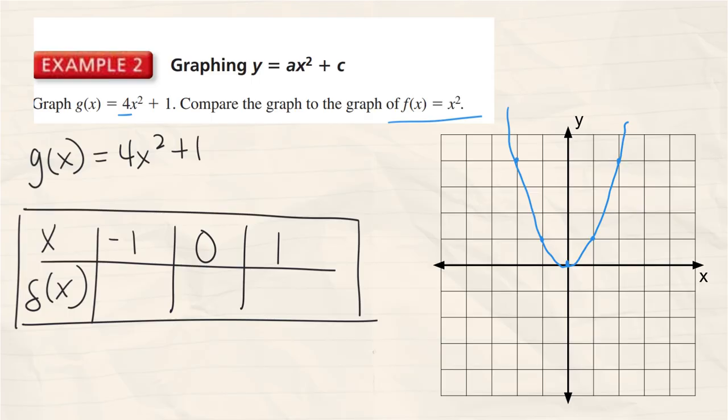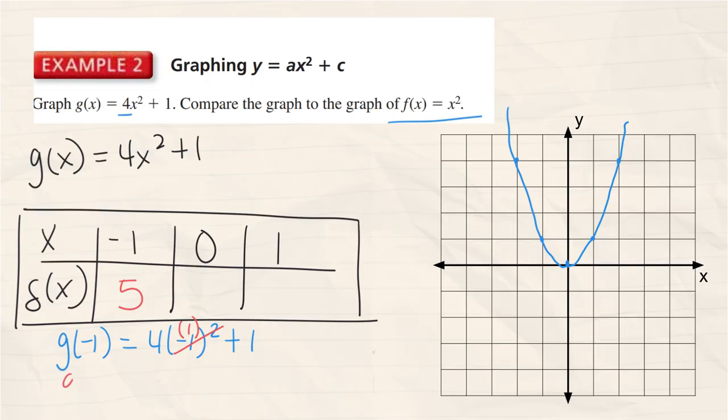If I use substitution, for negative 1, it's going to be 4 times negative 1 squared plus 1. I know that this becomes 1, so 4 times 1 is 4. Plus 1 gives me 5.